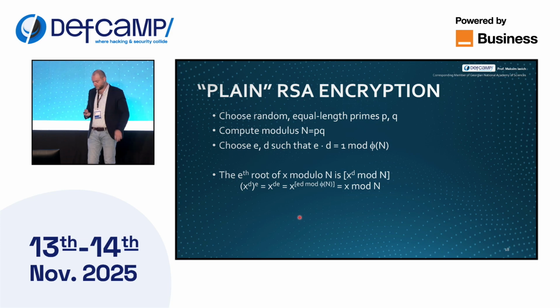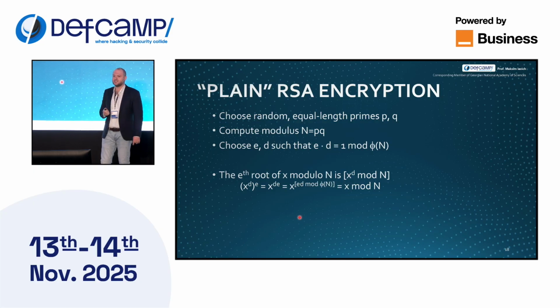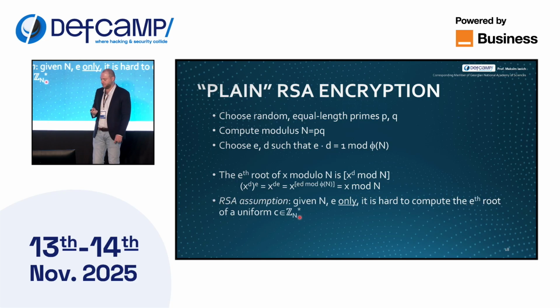The idea here is that when we raise X to the power of D, and afterwards raise it once more to the power of E, we get X back. Here you can feel the idea of encryption and decryption.